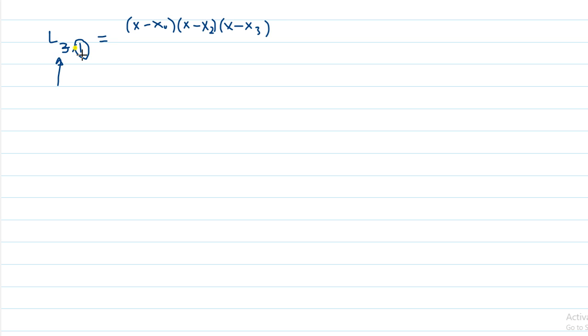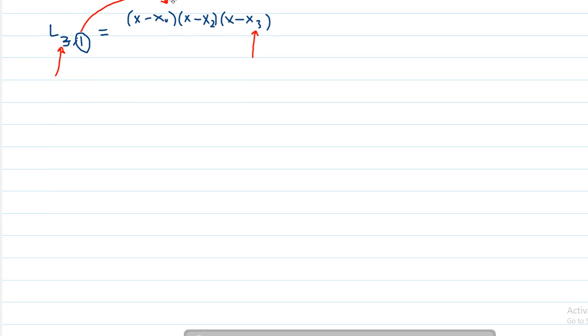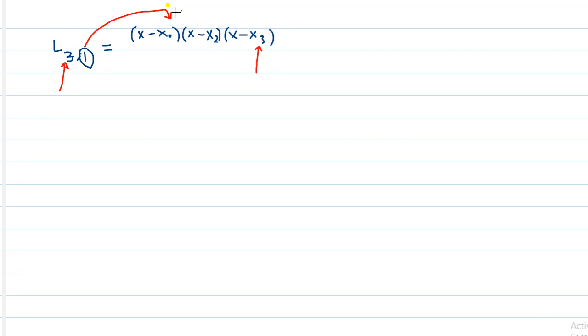This 3 will tell you where you have to stop. Okay, you have to stop at 3. But this one says that there is no x minus x1 term. This is missing. Okay, this is what you have to remember.